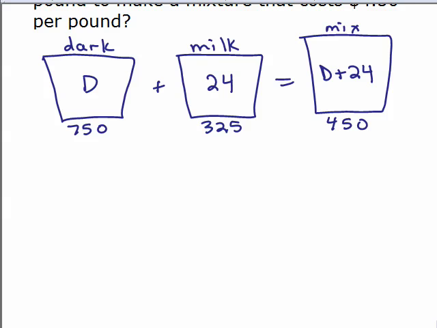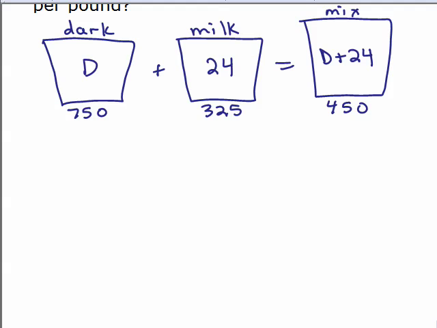Now we're going to consider how much each vat costs. I've got D pounds, and it's $7.50 a pound, so you have to multiply each pound by 750. So the cost is going to be 750D. What I'm doing here is the total cost of each vat, plus, so that's the amount it's going to cost for the dark chocolate.